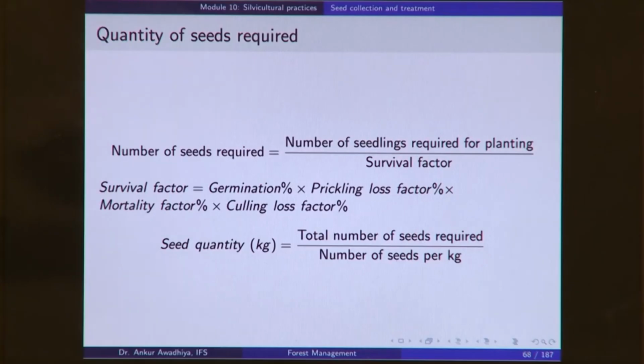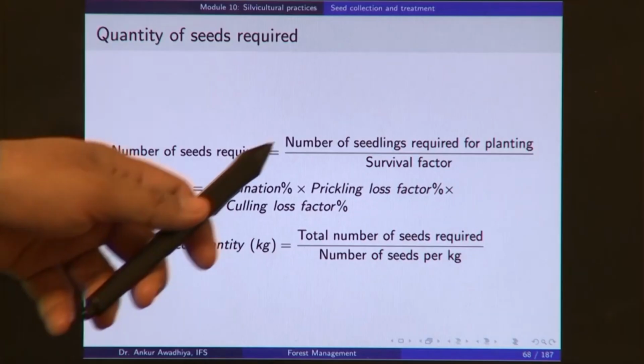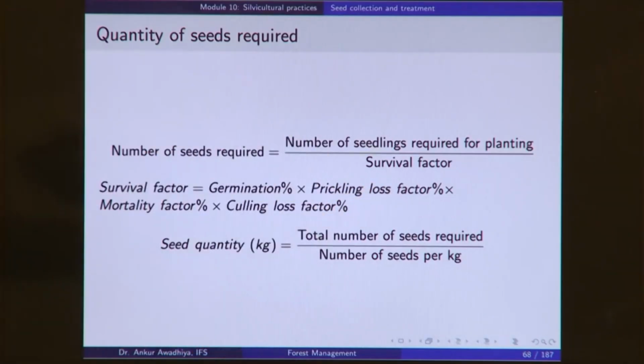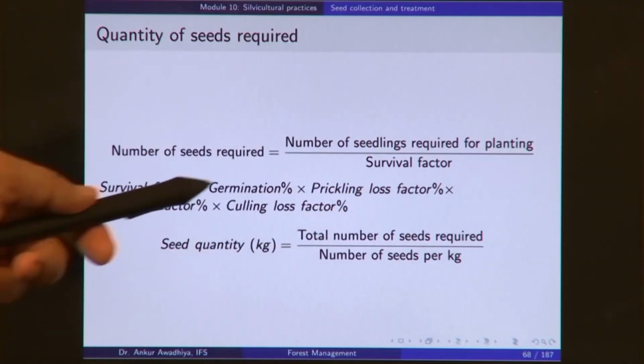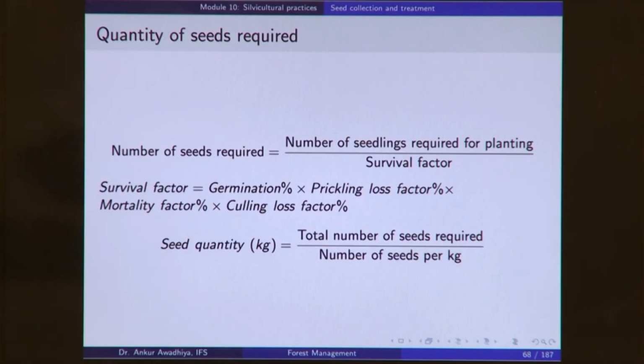And the survival factor is given as the germination percentage multiplied by the pricking loss factor multiplied by the mortality factor multiplied by the culling loss factor. Now, when we say mortality factor, this is not mortality, but in fact the number of plants that remain after the mortality.